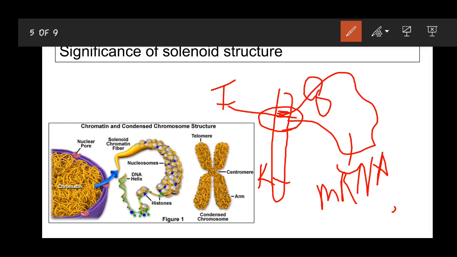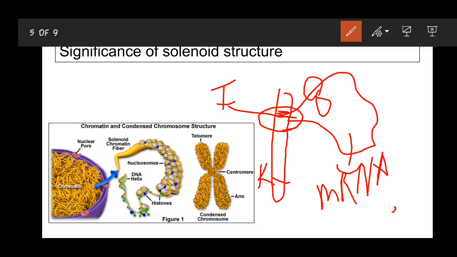Gene expression and protein expression are the same. Gene expression means production of a particular protein. So this is what is called differential gene expression, which is mediated by the solenoidal structure.